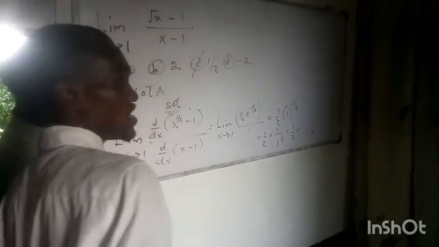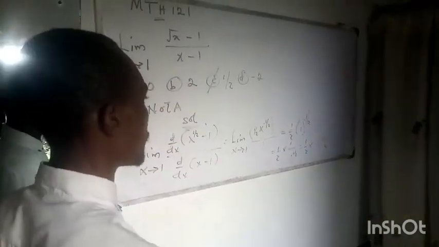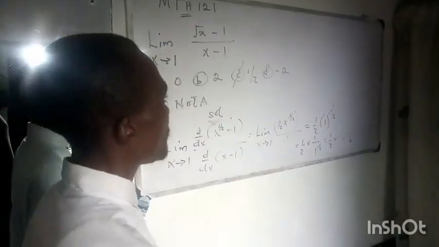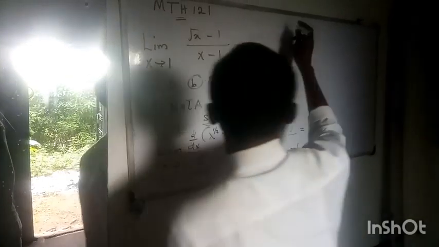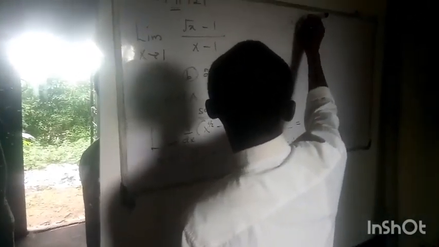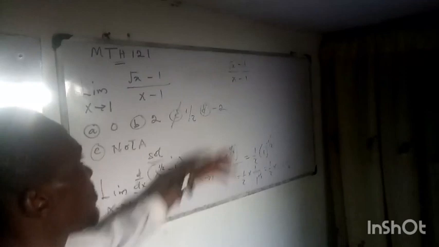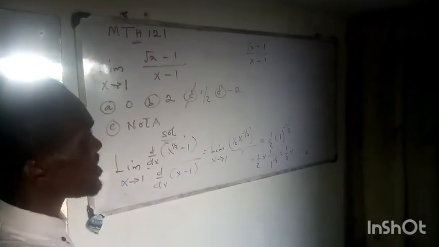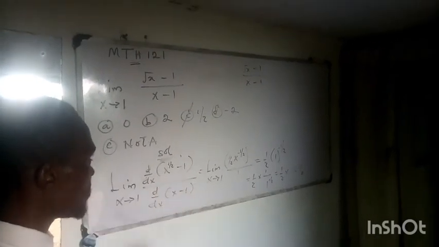But let's see if we can also look at it from the perspective of trying to simplify this particular expression. If the roots had been at the denominator, we would have rationalized, but the root is at the numerator.